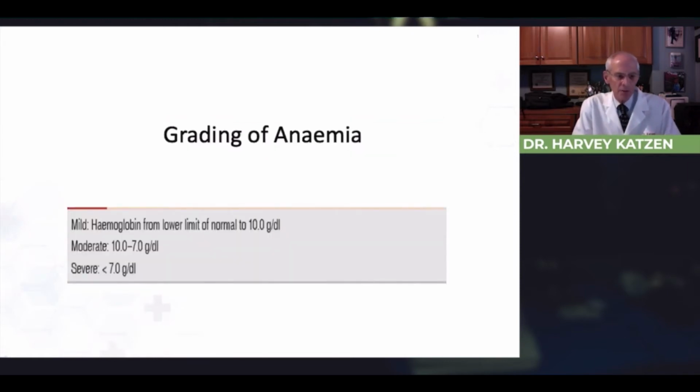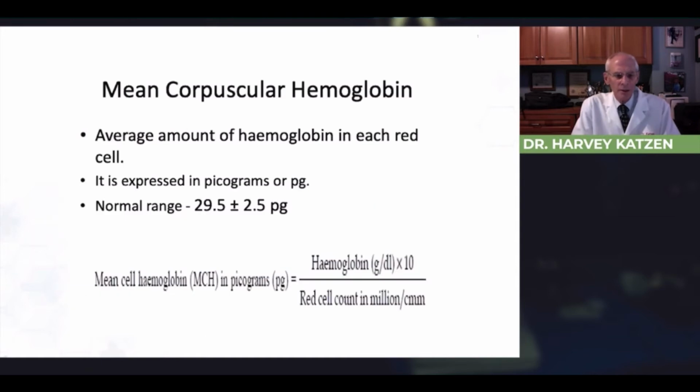So some classifications of the anemia, whether it's severe or moderate, and obviously this is a little bit age dependent. It may become more severe at a higher level in an elderly patient, a patient with cardiac or other diseases. So one of those values that we talked about is the MCH.